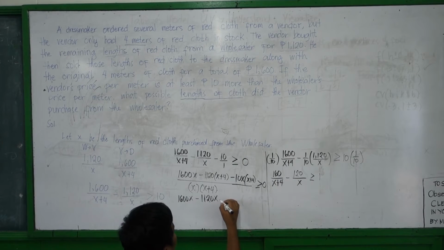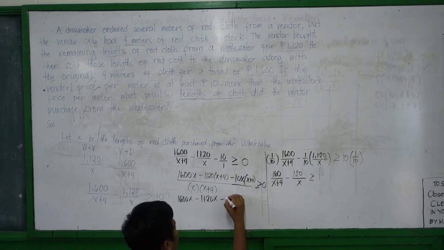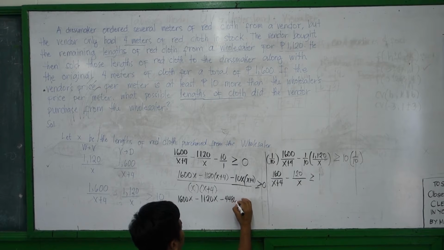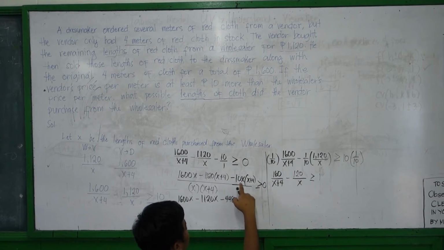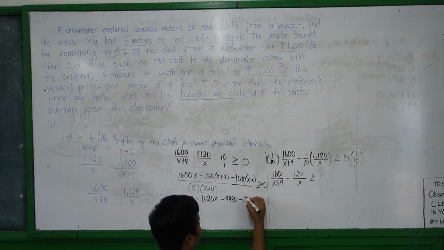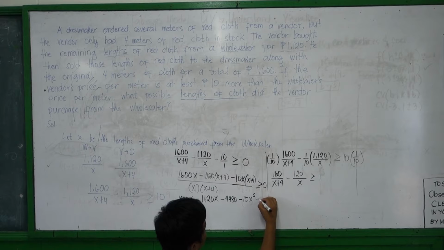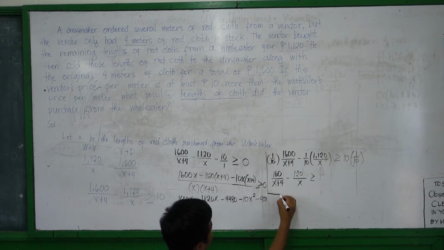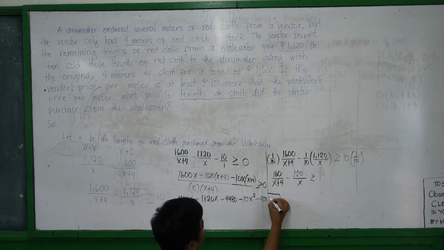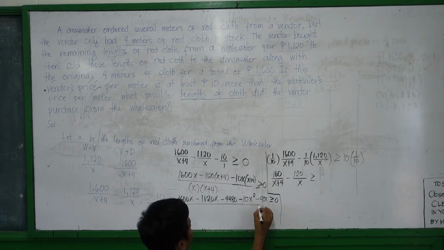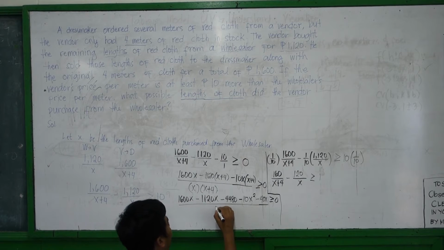So minus, minus sign, 4,480. Here, negative 10x times x, negative 10x squared. Negative 10x times 4, that is negative 40x. Diba? 40x then greater than or equal to 0. All over here, x plus 4.